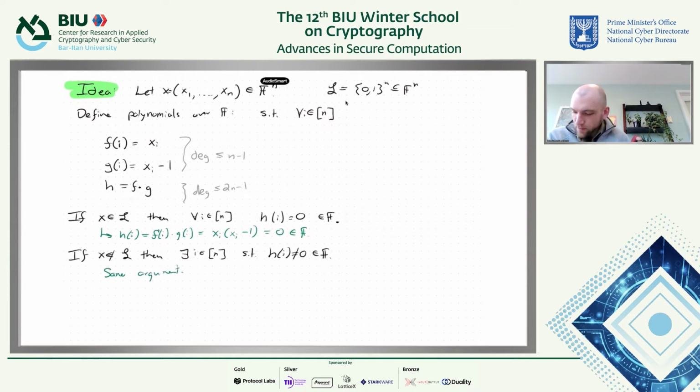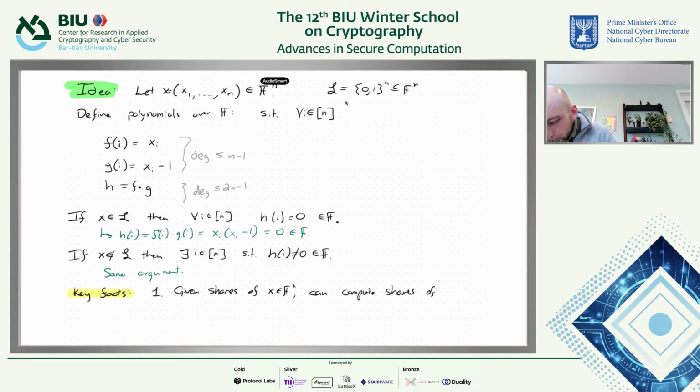Okay, so this is almost all the setup that we need. The last key facts, which probably won't be obvious but are not so difficult to show, are, first, that if the servers are given shares of this input x, they can compute shares of f(r) and g(r) for any random points, or any points in the field, without communicating.